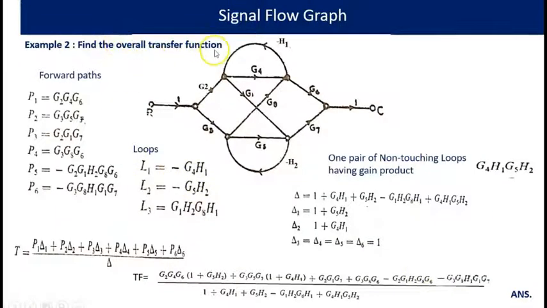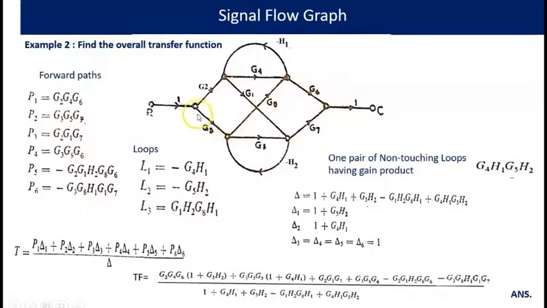Now find the overall transfer function of this system. Again, first we have to identify the forward paths. So take forward paths and loops for this particular system. The forward paths are G2 G4 G6, G3 G5 G7, then G2 G1 G7, then G3 G8 G6.